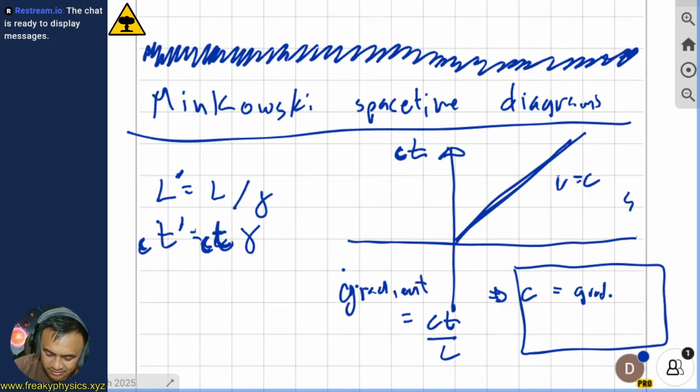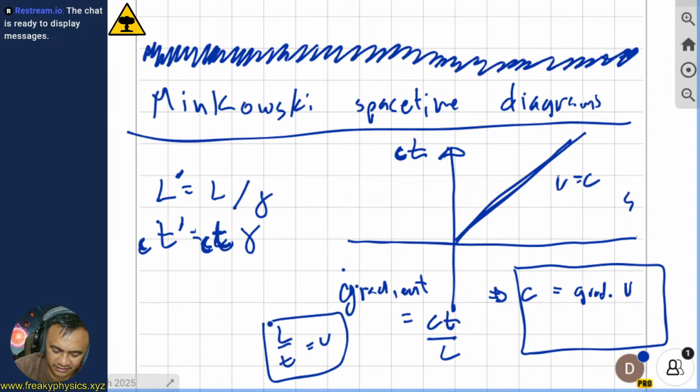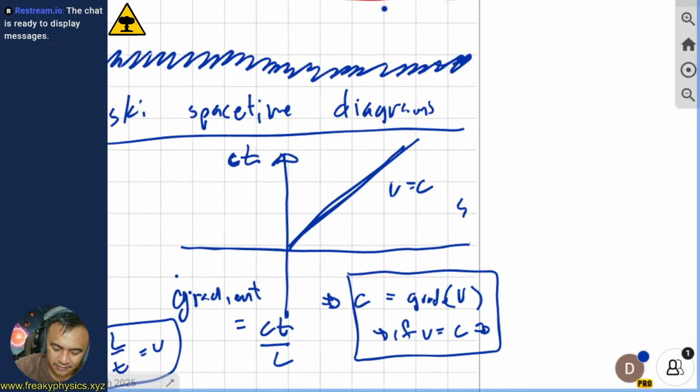So I'm just going to change that into V, since L over T equals V. The gradient times V. So what happens here? If V equals C, then the gradient equals 1, right?